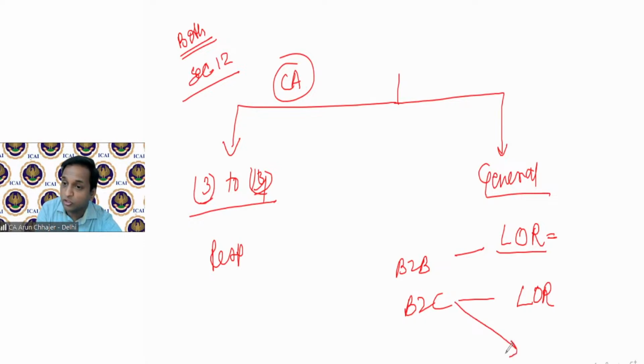And if the address is also not available in case of B2C, then the answer would be location of supplier. So in my case, the service has been given to a registered party who is registered at Bhubaneswar. Therefore, the place of supply would be Bhubaneswar, Odisha.